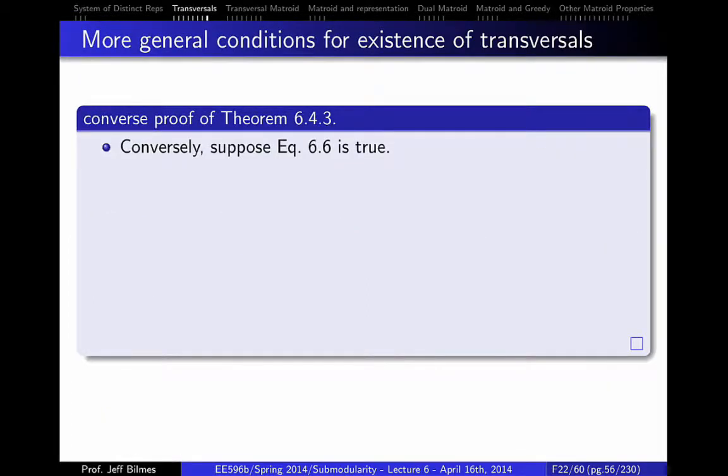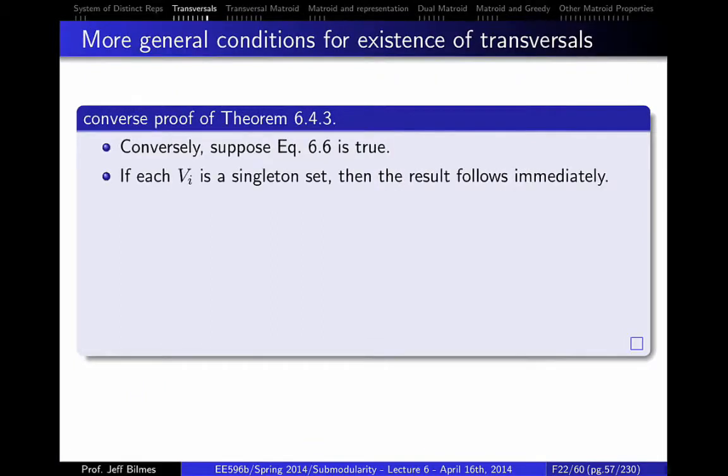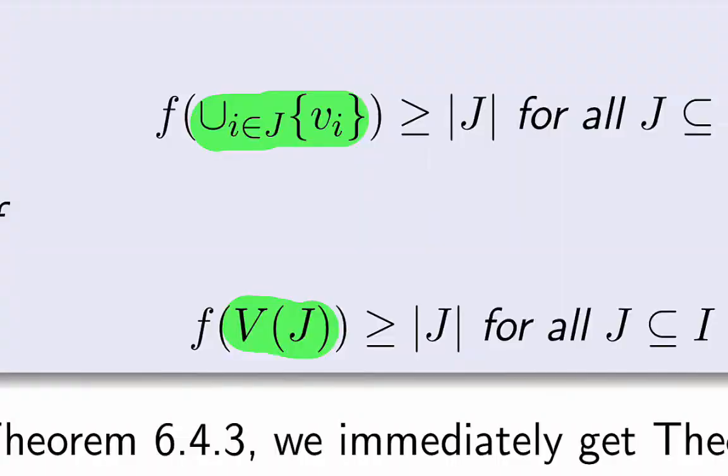So we suppose that equation 6.6 is true, and if each of the VI's is a singleton set, then the result immediately follows. Why? Because if every one of the VI's is a singleton set, then this green stuff here is the same as this. That's just the definition of V of J when all of the sets are singletons, right?